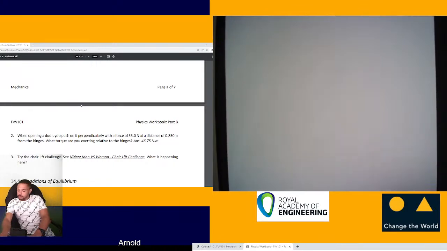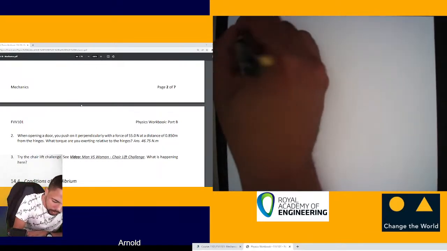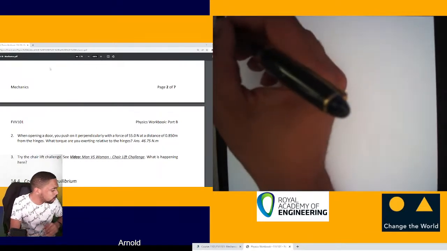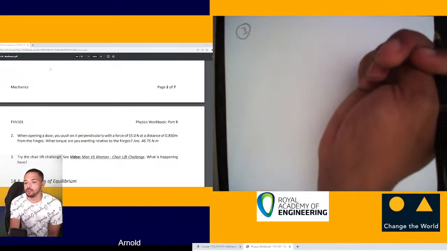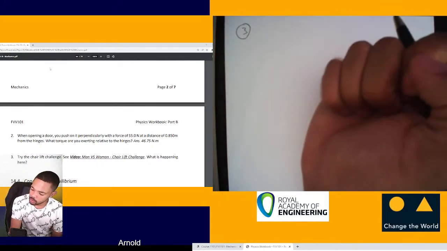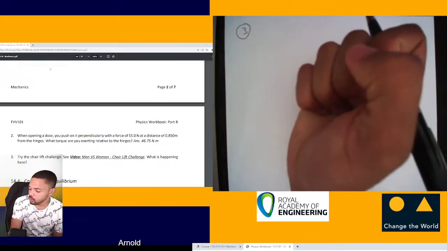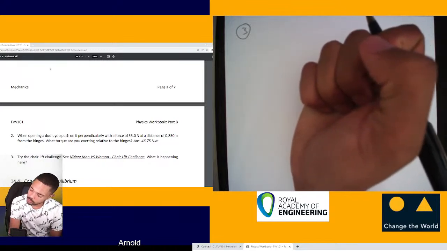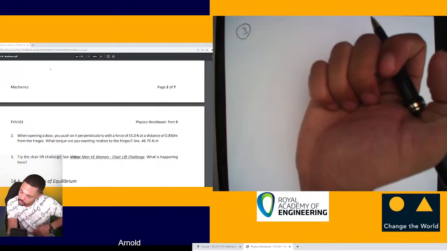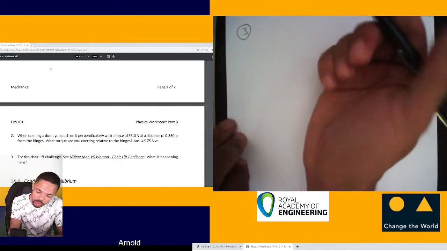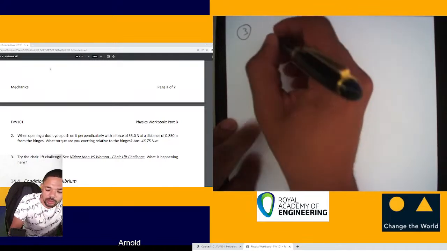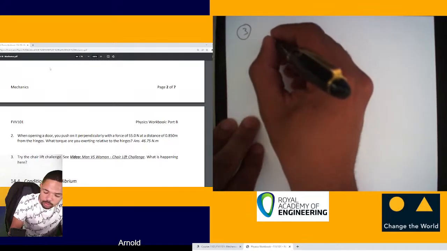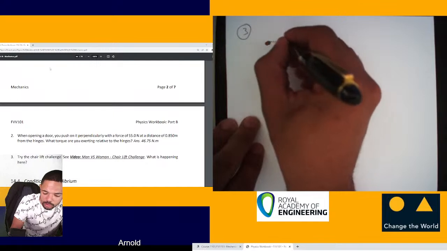Next problem. Problem number 3. A good example to always use is that of the spanner, because you are applying a force to bring about a torque. This is a situation where this is a fulcrum or the pivot point.